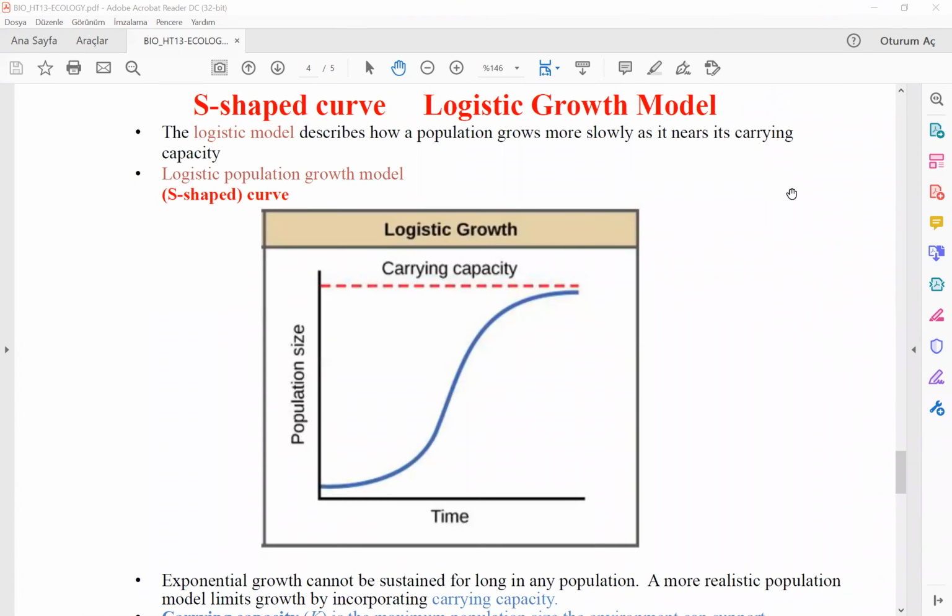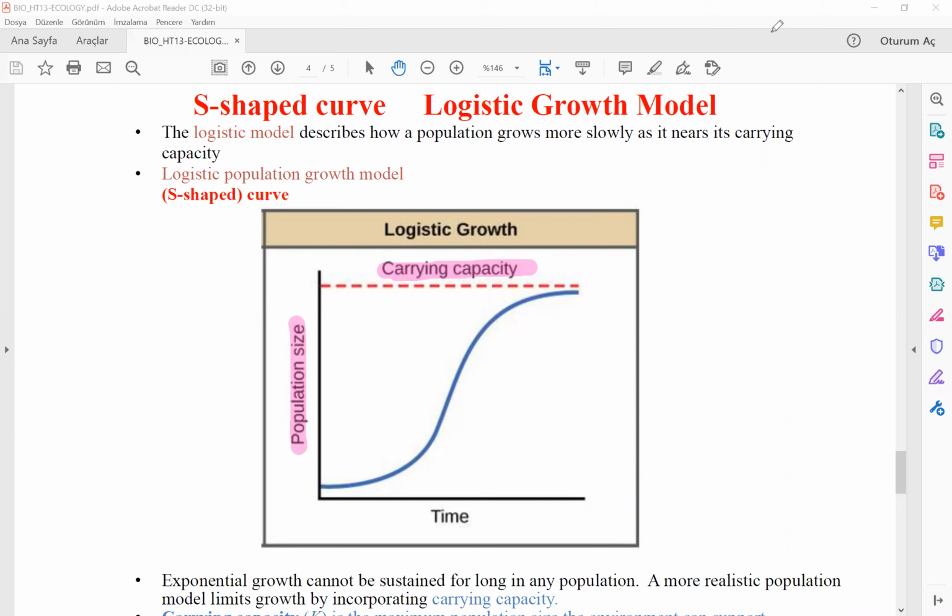But in populations, generally, the S-shaped or logistic growth model is seen mostly, because in the logistic growth model, the individuals can reach the carrying capacity, and when they reach it, their growth rate becomes stable, the population size becomes stable and growth stops.